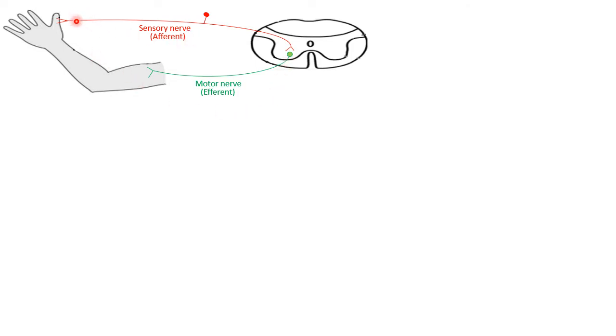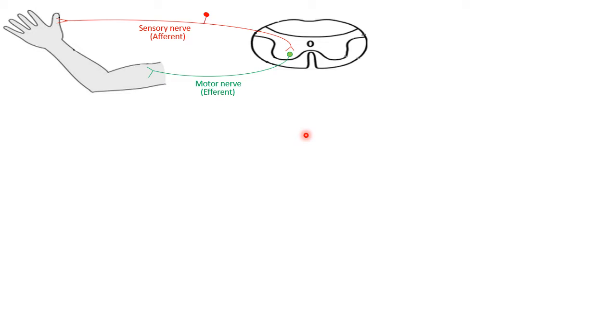The sensory nerve carries the signal from the outside, or the hand, to the center, and from the center the motor nerve carries the signal again to the hand. So the sensory nerve goes to the center and the motor nerve goes away from the center.